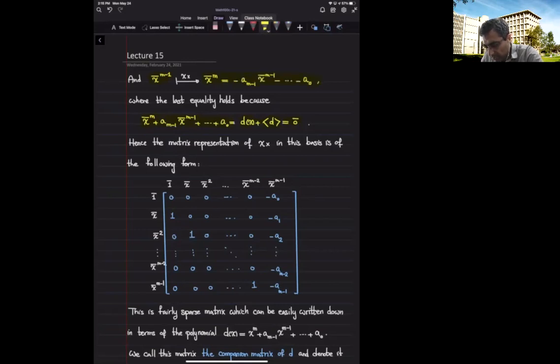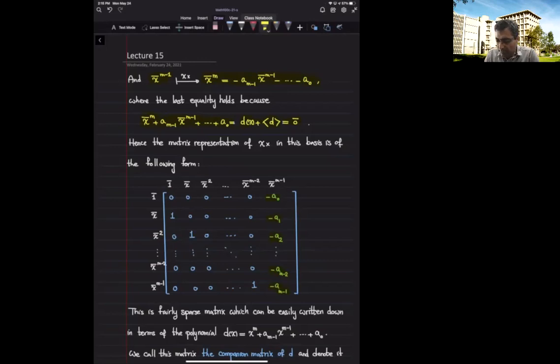This means when I write this down as a linear combination of 1 bar, x bar, ..., x to power m minus 1 bar, the coefficient of 1 bar would be negative a sub 0. That's over here. The coefficient of x bar would be negative a sub 1. We continue like that till we get the coefficient of x to power m minus 1, which is negative a sub m minus 1.